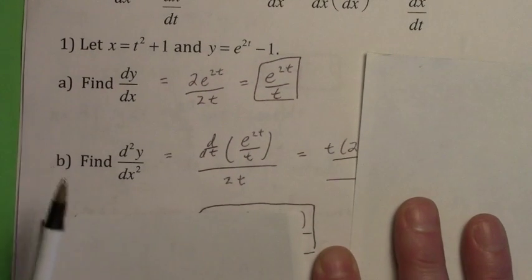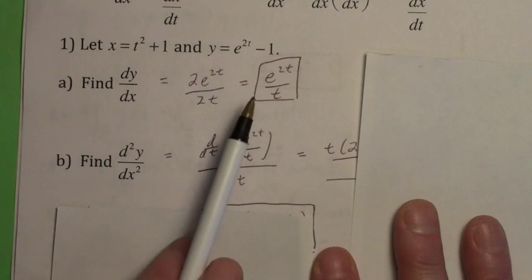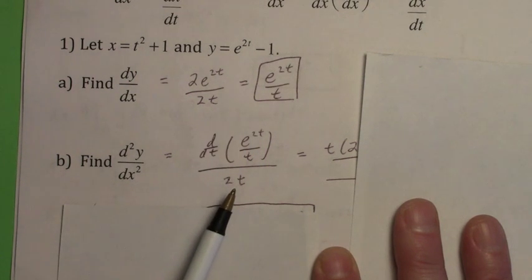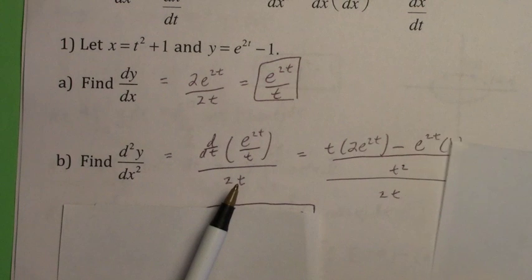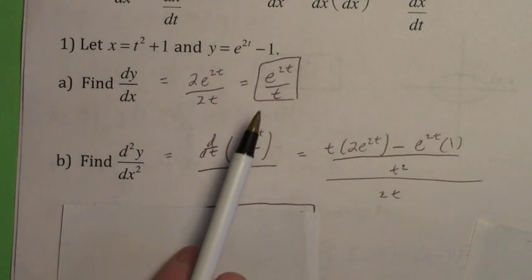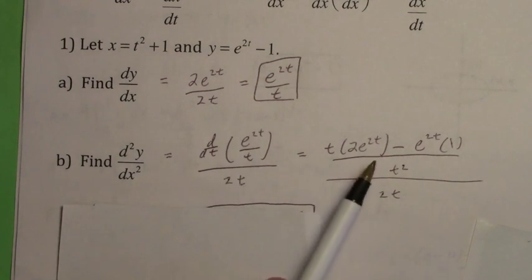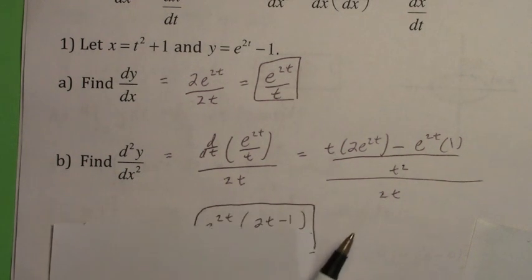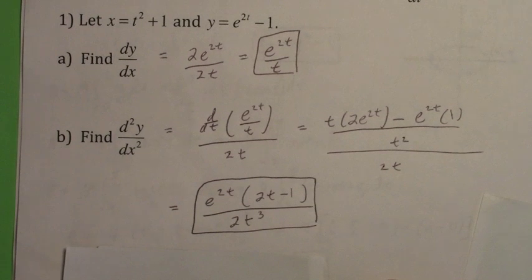The second derivative, d squared y over dx squared, is the derivative of dy/dx with respect to t divided by dx/dt. When you take the derivative of this with respect to t, you get this by the quotient rule, and then you divide by dx/dt, which is this. It simplifies to this. So that's how it works.